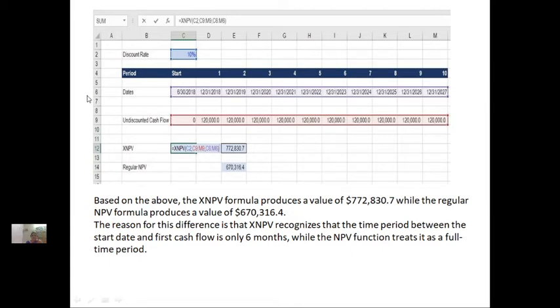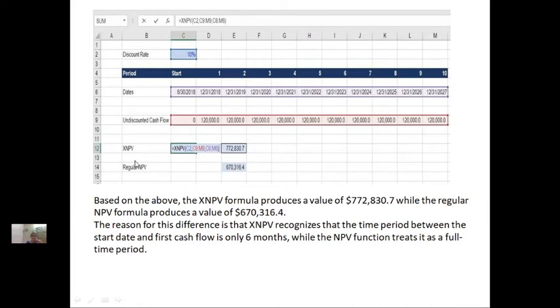The next slide gives the example of XNPV shown in the Excel sheet. Okay, discount rate is 10%, dates, undiscounted cash flow, XNPV, regular NPV. So this is a regular NPV value. So this is the value returned.